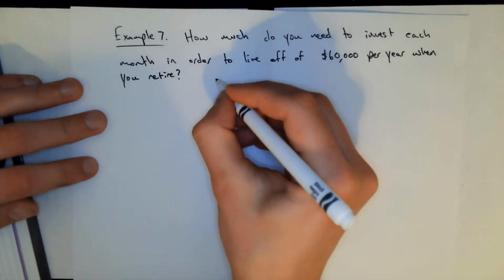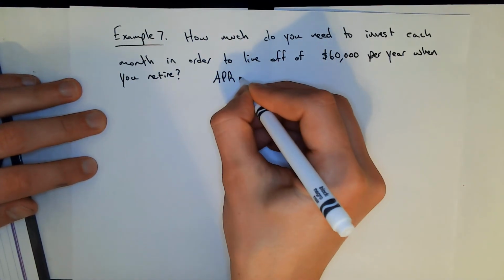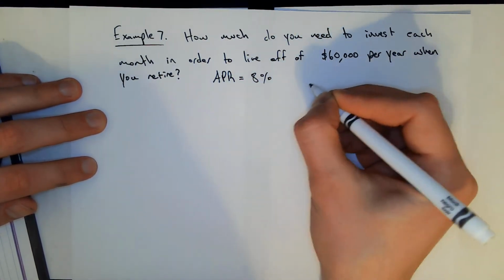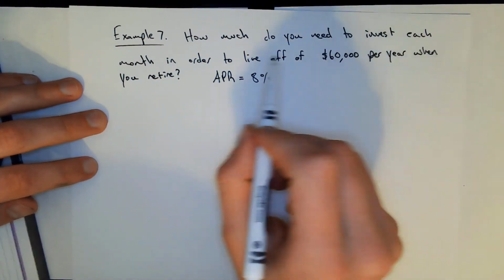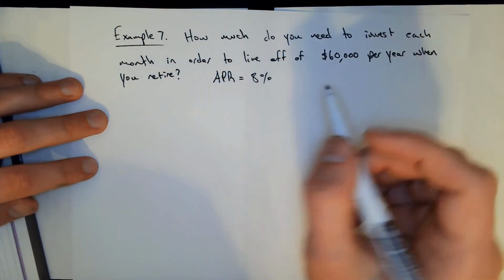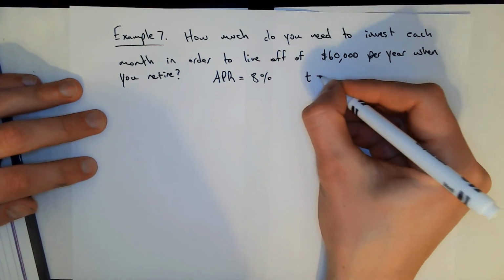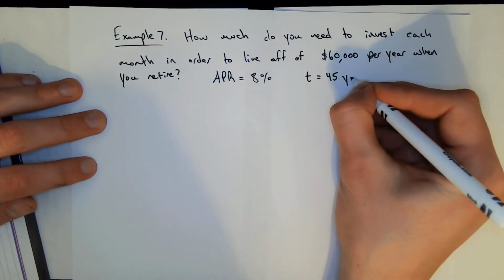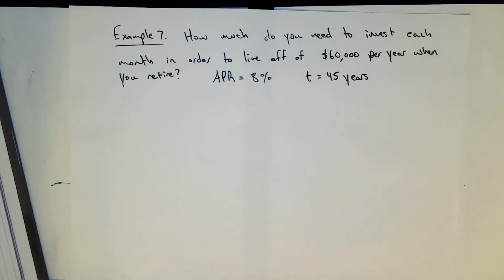Now, assume the APR is 8% and you're making monthly payments. Did I say that? Yep, each month. And time is 45 years, which I said in the setup for this problem.